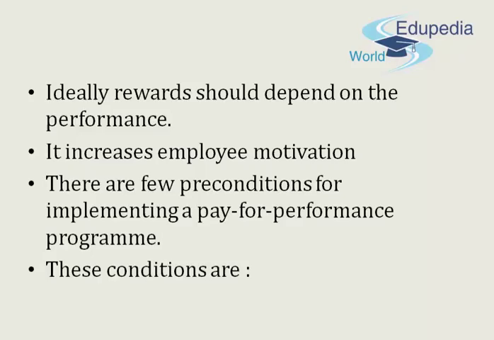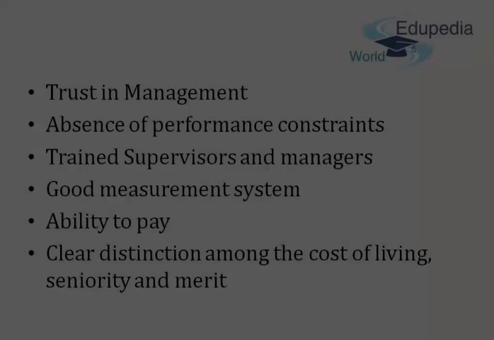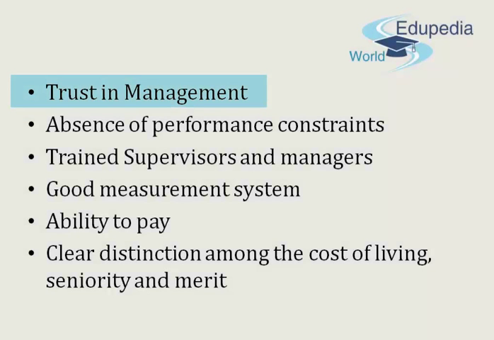There are a few preconditions for implementing a pay for performance program. Now, these conditions are: one has to have trust in management, which means if employees are skeptical of management, it is difficult to make a pay for performance program work. The primary organizational variable used to reward employees and reinforce performance is pay.